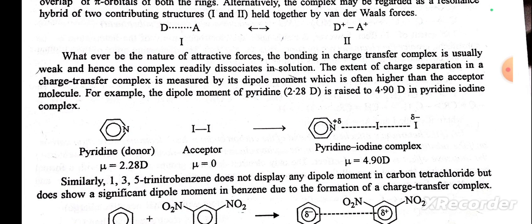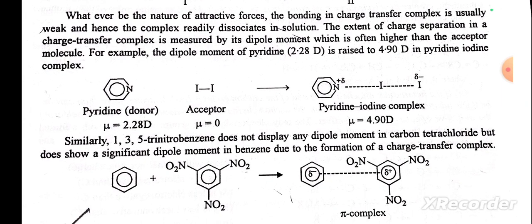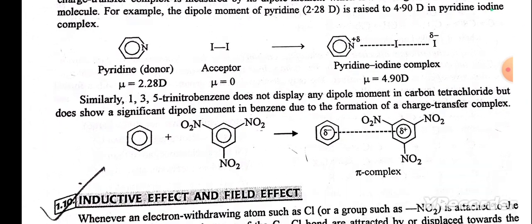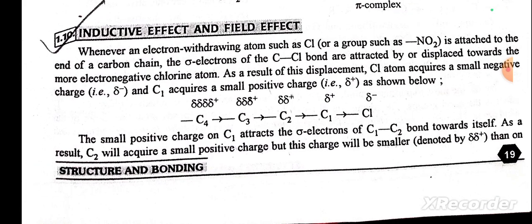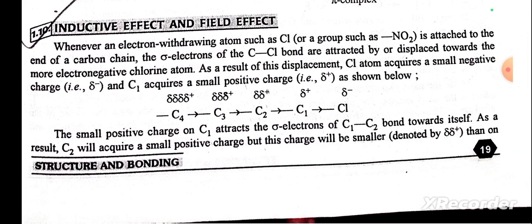For example, the dipole moment of pyridine is raised to 4.9 Debye in the pyridine iodine complex. Similarly, 1,3,5-trinitrobenzene does not display any dipole moment in carbon tetrachloride but shows a significant dipole moment in benzene due to the formation of a charge transfer complex.